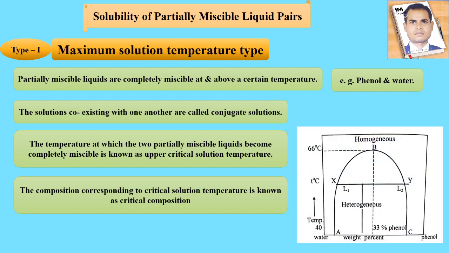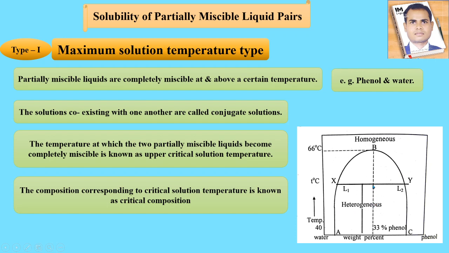Now look at the diagram of phenol plus water. If you add both liquid components in a flask and increase the temperature, at first you see two different phases, which we call a heterogeneous phase.